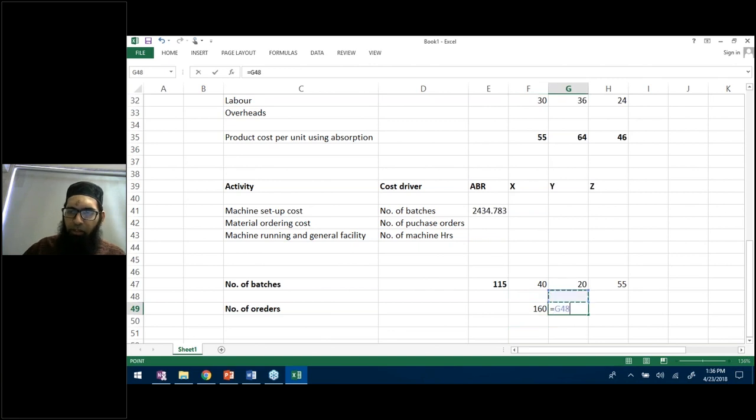For Y, it will be number of batches multiplied by 5. And for Z, it will be number of batches of 55 multiplied by 4. And once again, if I copy and paste the total, I will get the answer of number of orders. So these are my total number of orders, which is 480.